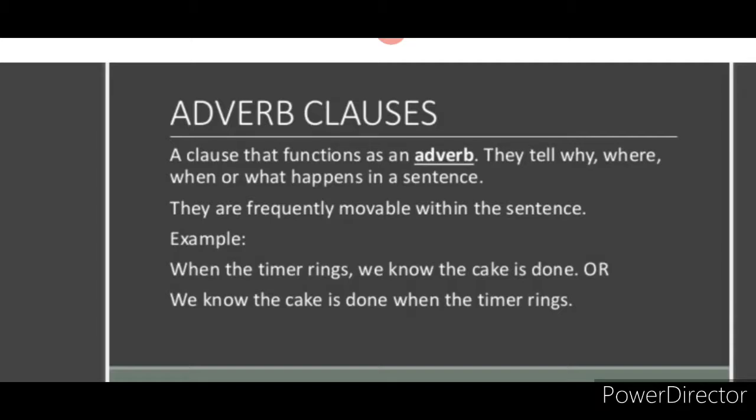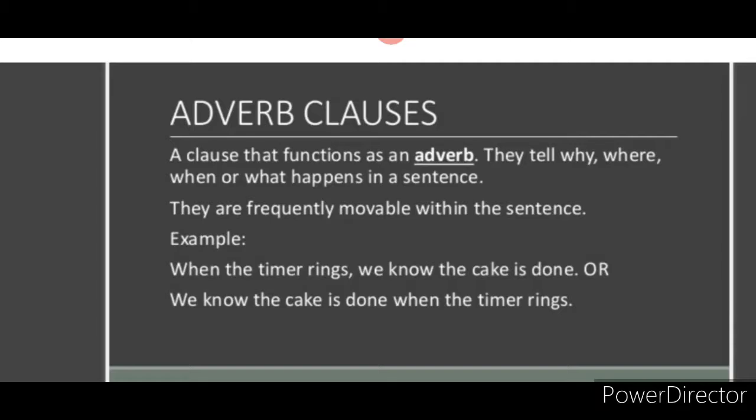So adjective clause will tell us which one, what kind or how many. Adverb clause will tell us when, where, how, to what extent or under what condition something is happening. See for example, when the timer rings, we know the cake is done.